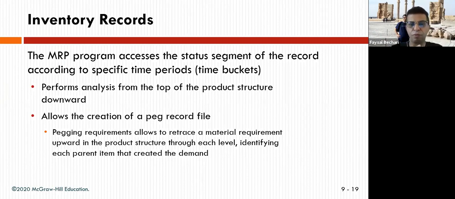So it performs analysis from the top of the product structure downward. Do we have these two Cs and two 4Ds? Do we have two Ls and two 5Ms and all? So it does this process, and then allows creation of a page of record to see whether these are available or need to be ordered. So we're not going to get into trouble.